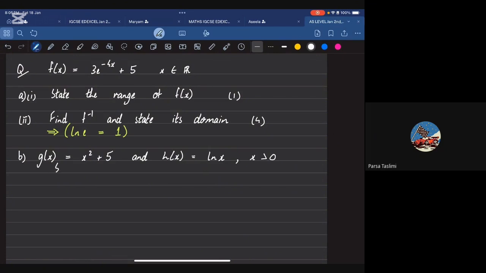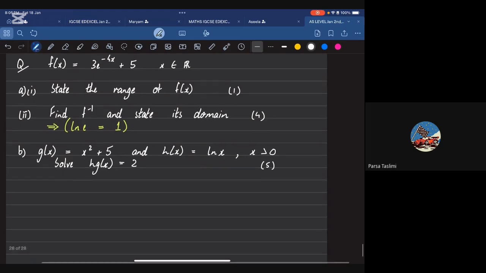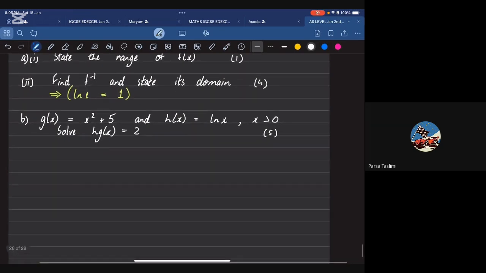Solve h of g of x is equal to 2. And this guy right here is 5 marks. All right, Pasha? Okay. Any issues with this?